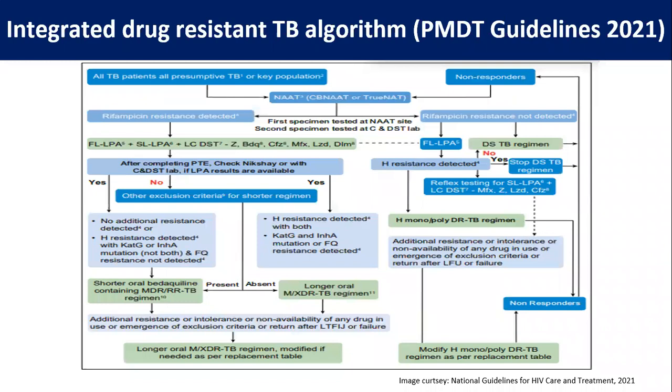So the integrated drug-resistant TB algorithm is basically followed in the DRTB center. And what is important for us in the ART center is that we should know what DRTB regimen the patient is on and what are the different kinds of side effects available with the individual ATT of that particular regimen, and how it can interact and how the side effects can be multiplied by the side effects of ART.